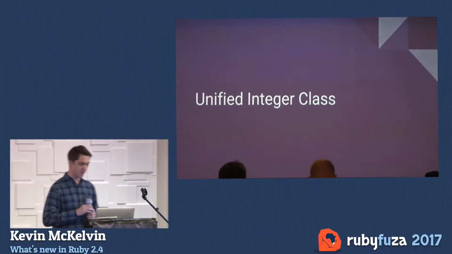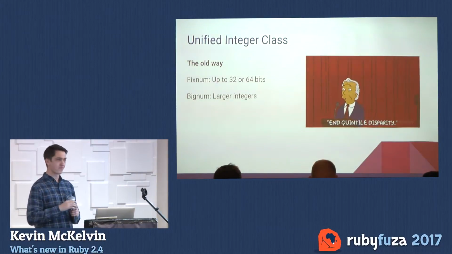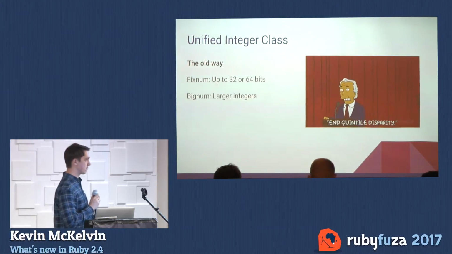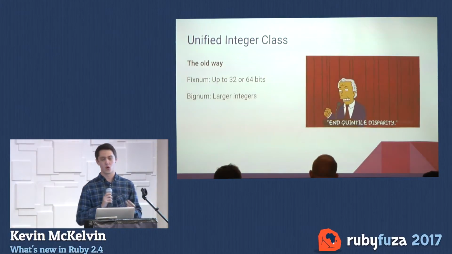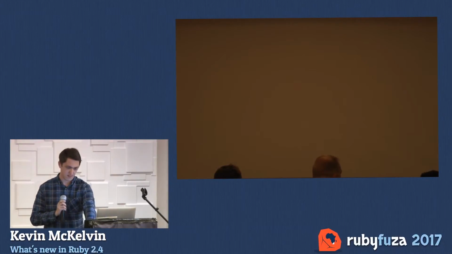Okay, so let's chat about the unified integer class first. The old way: two types to store integer values in Ruby.